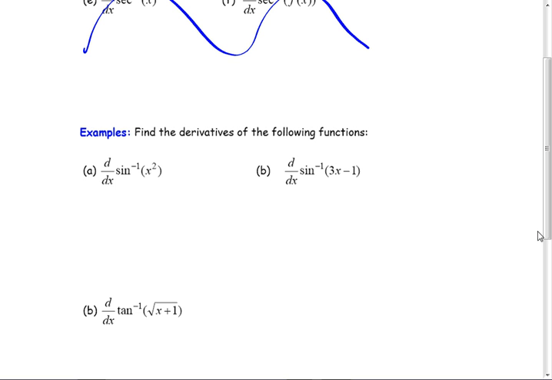So how do we do that? It's 1 over the square root of 1 minus, what's my input? X squared. And what are we going to do with that input? We're going to square it. Chain rule times derivative of the inside is 2x.